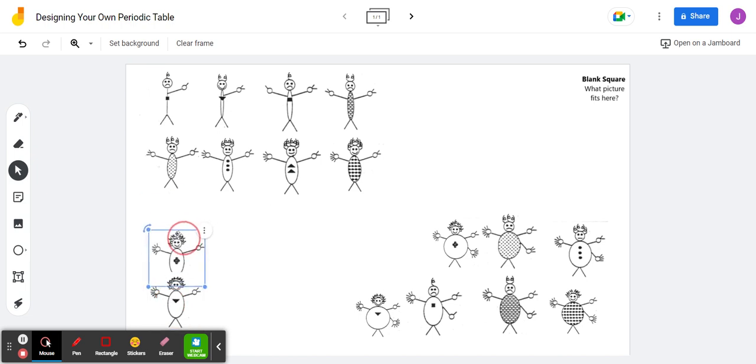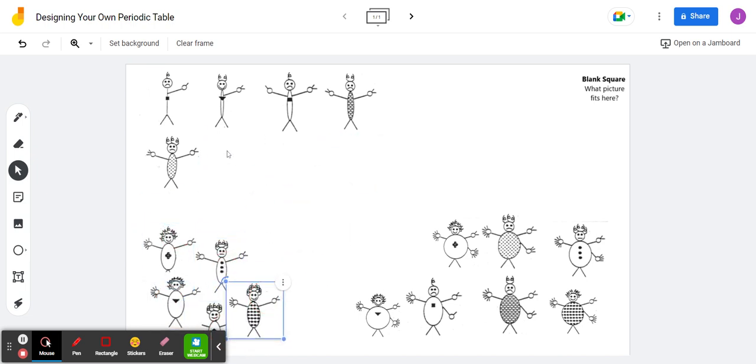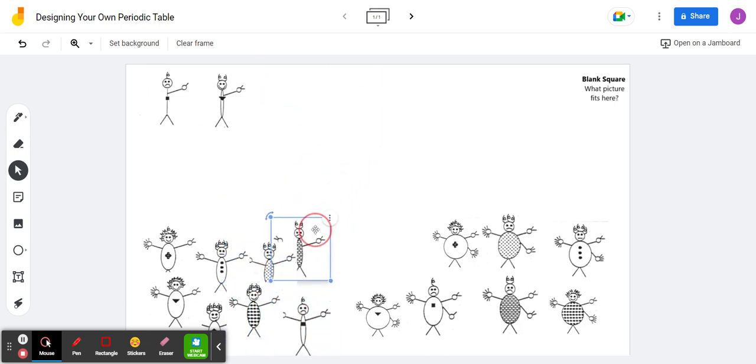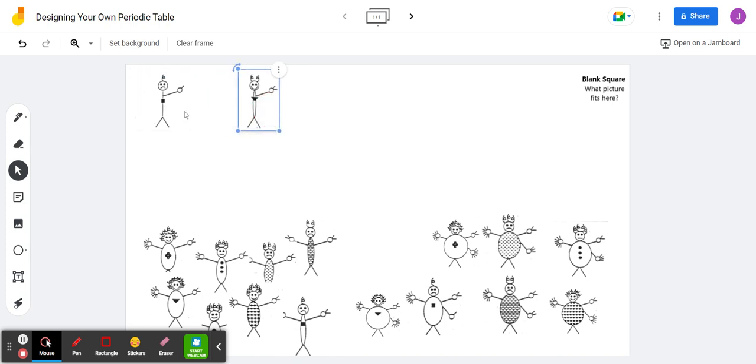I see a lot of characters with 2 arms, so I'll group those together. And there are just 2 characters with 1 arm. You can see those in the upper left. So if I'm basing this on, okay, what are some of the similarities here?